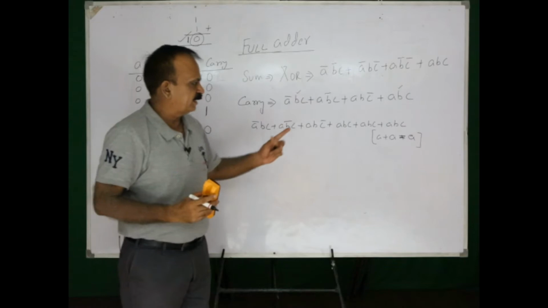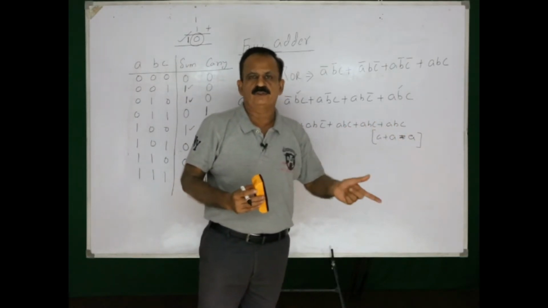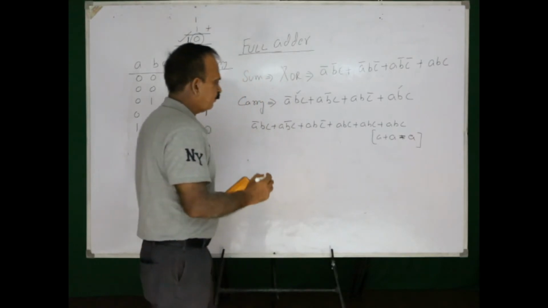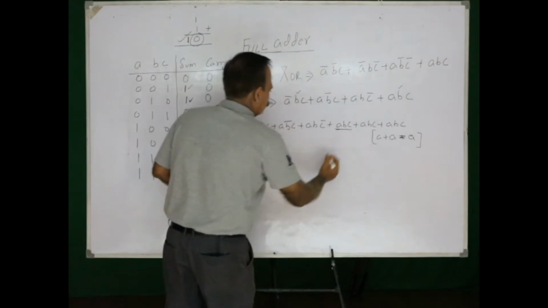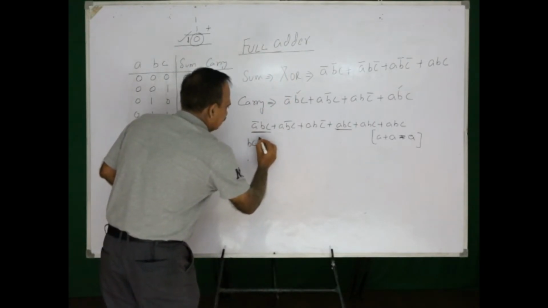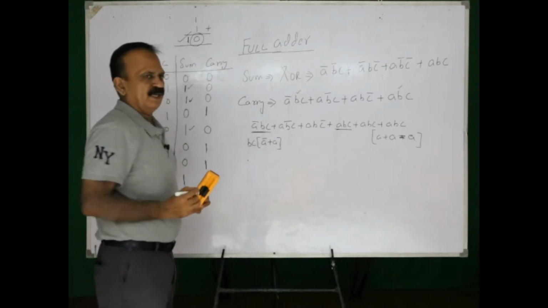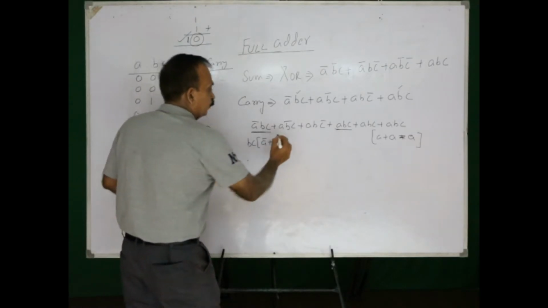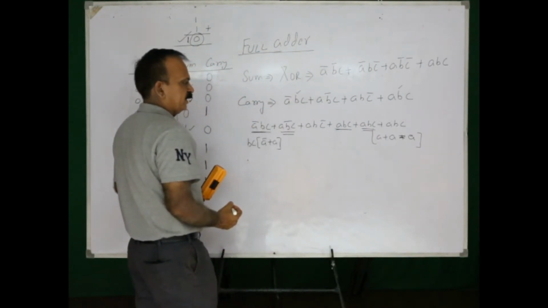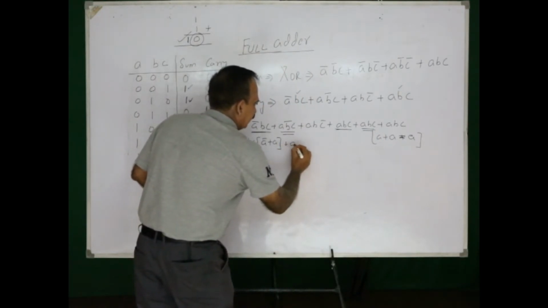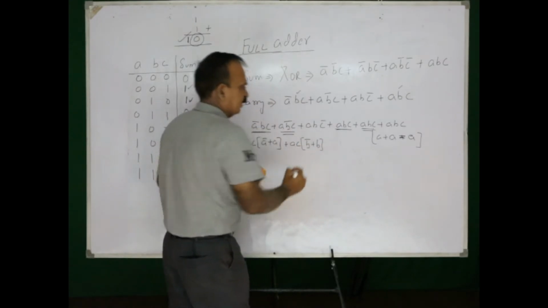So ABC plus ABC plus ABC will be equal to ABC. Now, we will take the common values from these two, and the common value will be BC, and within the bracket I will have A bar plus A. Next, take these two. These two will have the common entries AC, and within the bracket it will be B bar plus B.